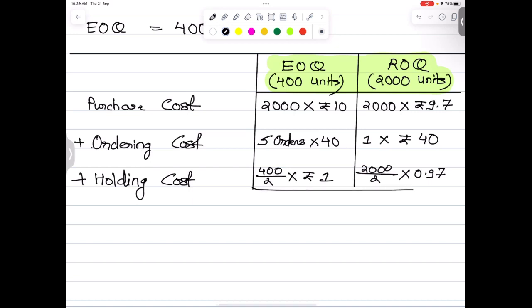Now let's compute the total cost associated with this.